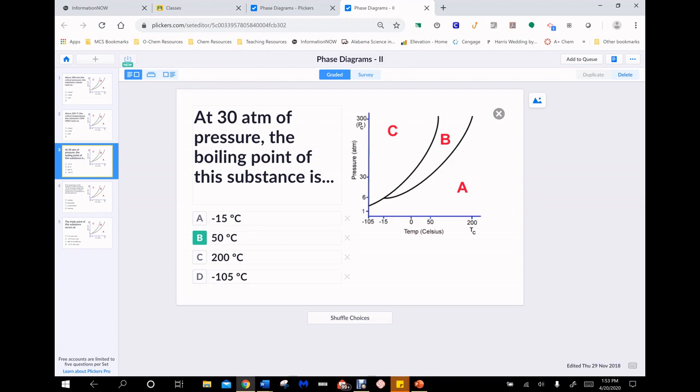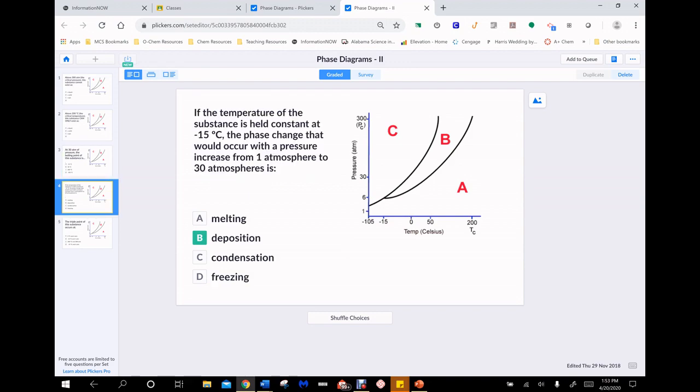And it's asking us to find the boiling point. So the boiling point will be the temperature at which we're transitioning from a liquid to a gas. So here's our liquid in B, here's our gas in A. So if we go to that boundary where we are going from a liquid to a gas, we'll trace down and find that boiling temperature, which will be 50 degrees.